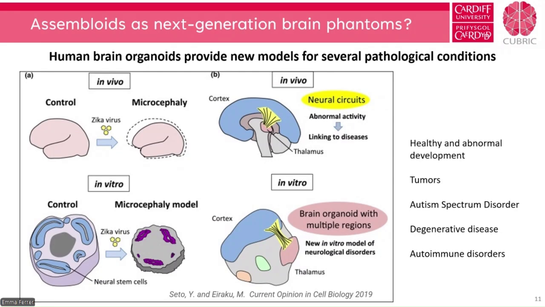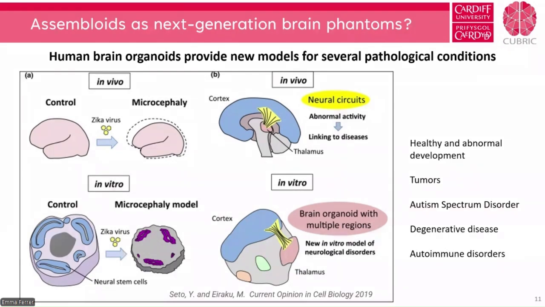In terms of what pathologies they are able to mirror to some extent, we have not only, for instance, microcephaly induced by the Zika virus. This was one of the first striking applications of brain organoids. Nowadays, as I showed you before, we have an example of a degenerative disease where the organoid goes under neurodegeneration.